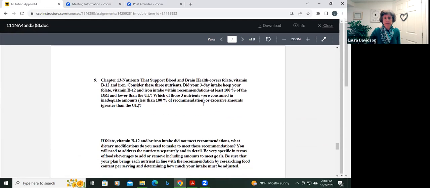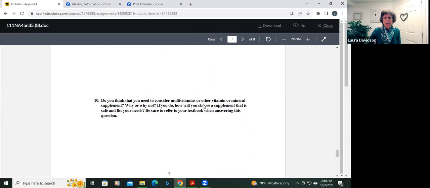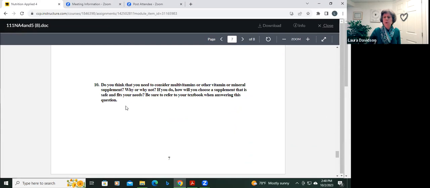The only thing different in Unit 5 is that at the end of this, you're going to address whether you think you need to consider a multivitamin or other vitamin or mineral supplement. Now, if you say, no, I don't like to take supplements, that's fine. But you should also show me that you can repair your diet with food, okay?